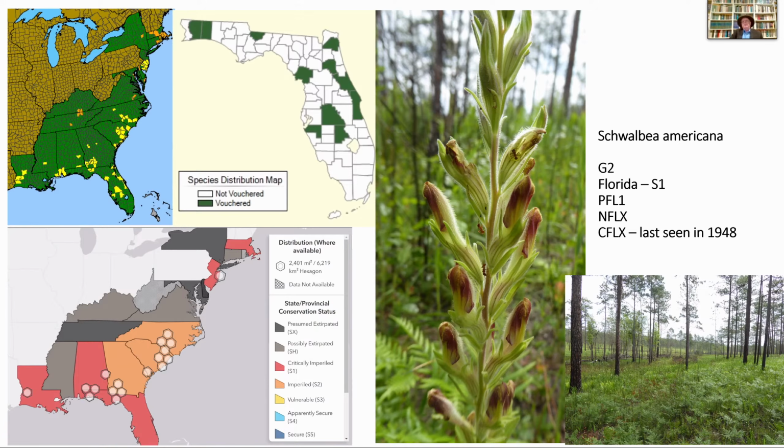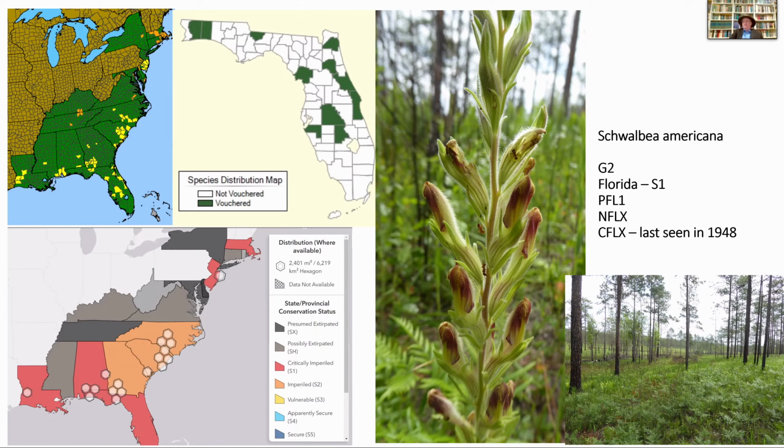Even with all that number of records, it's almost died out or been extirpated from most of its range. S1 for Florida Panhandle, North Florida extirpated, Central Florida extirpated. I believe the last record for North Florida was in 1940, and the last one in Central was in 1948.